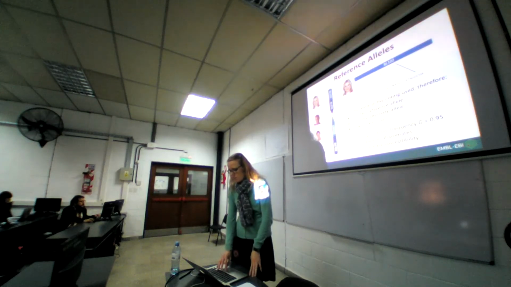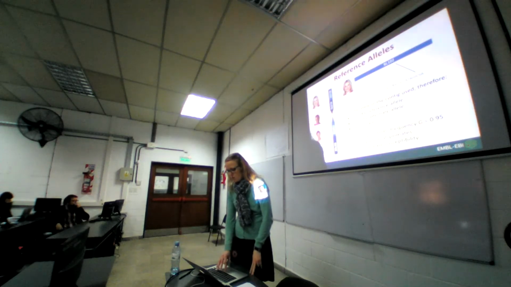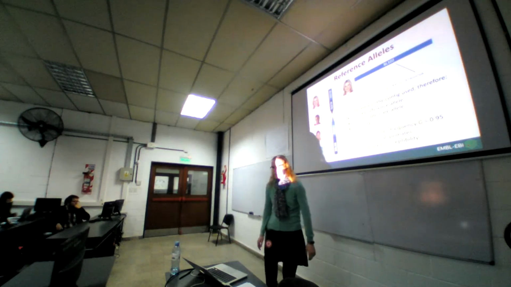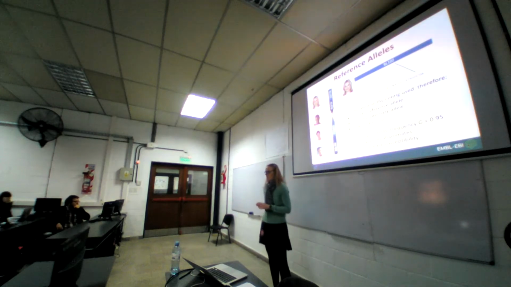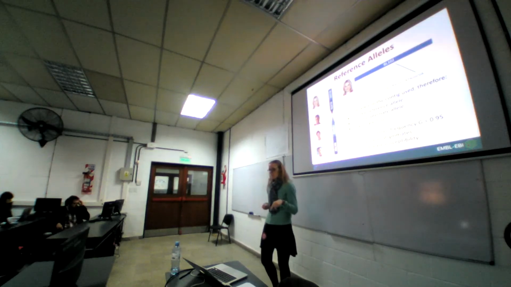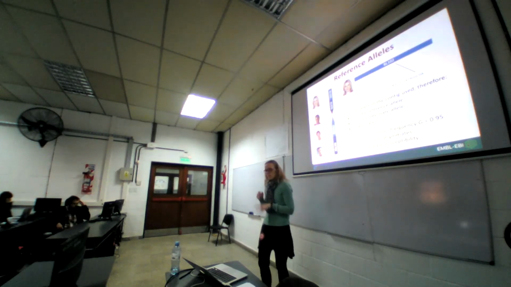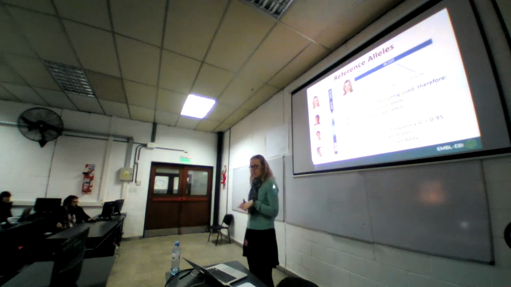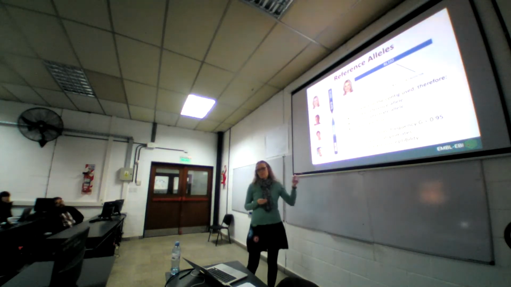If we assume that she had a T at this position in this contig, we will call the T the reference allele. And if there is a G in other people, we would call the G the alternate allele. And we write down our alleles as reference / alternate, or in this case T / G.